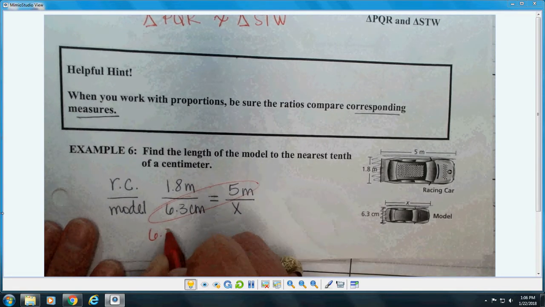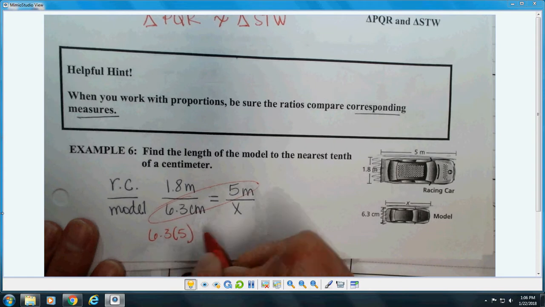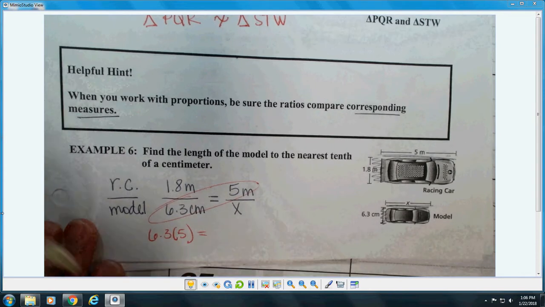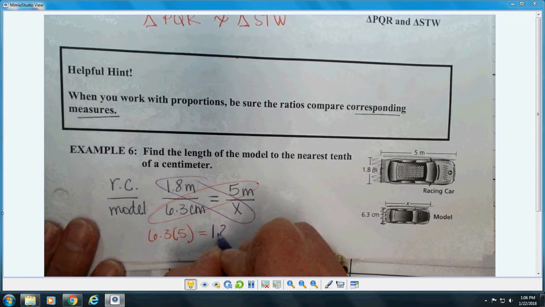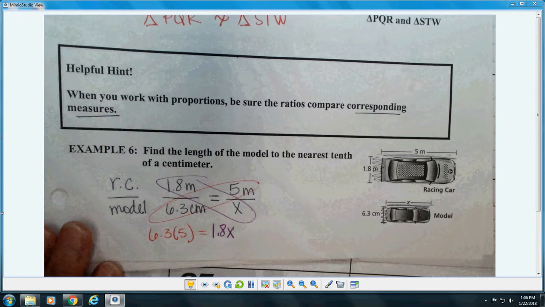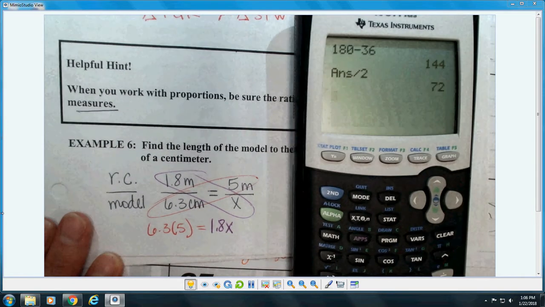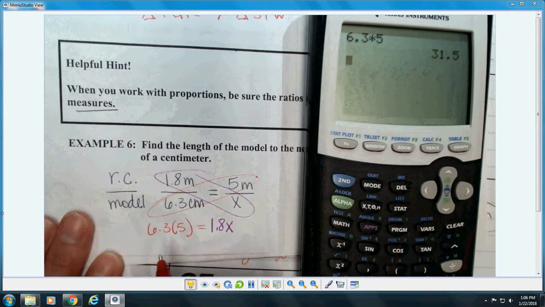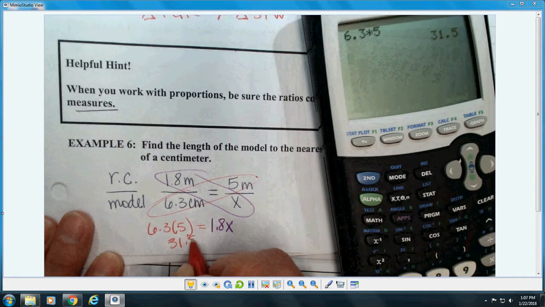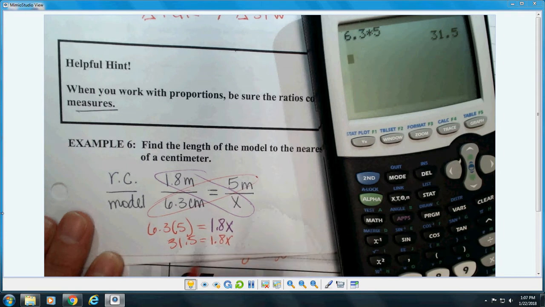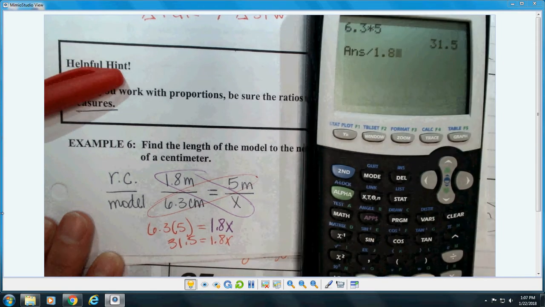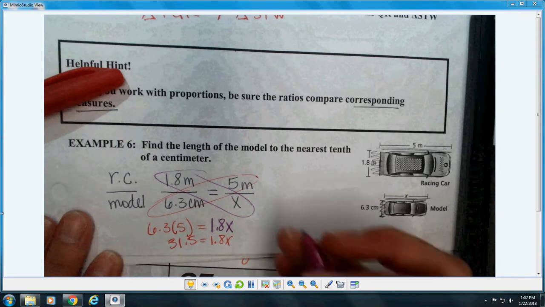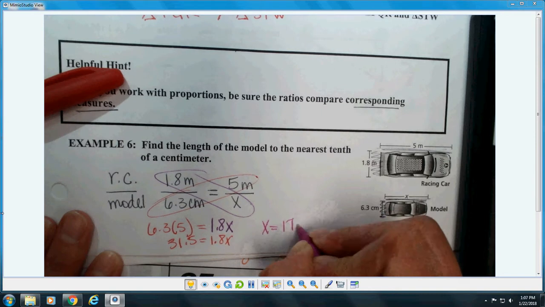So 6.3 times 5 has to equal 1.8x. So when I do that, 6.3 times 5 gives me 31.5 is equal to 1.8x. So I'm going to divide by my 1.8, and I get x is equal to 17.5.